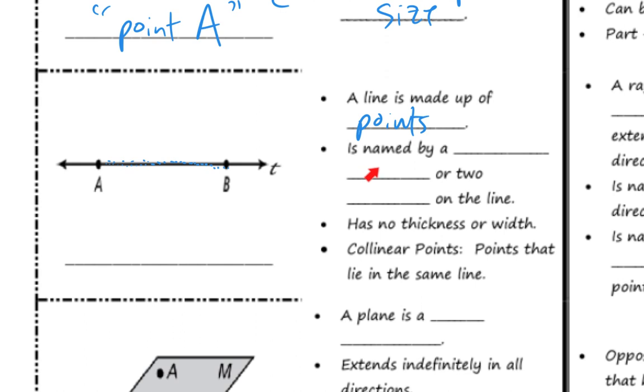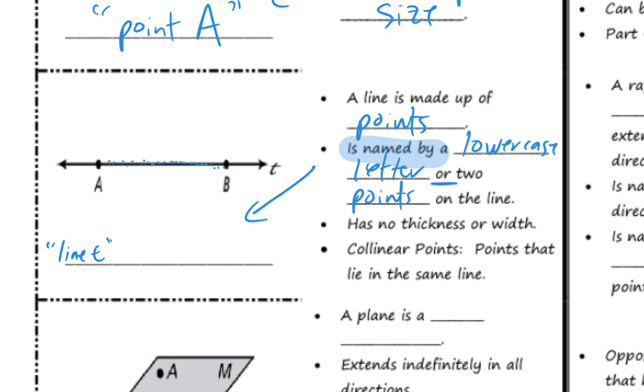The way we name it, and this is crucial, it's named by a lowercase letter or two points on the line. So this one has a lowercase t, so we could call this one line t.